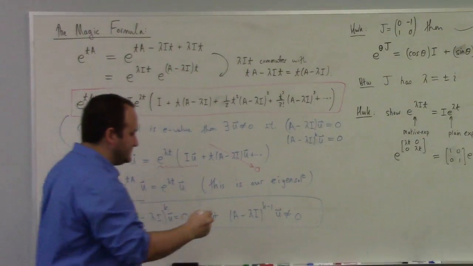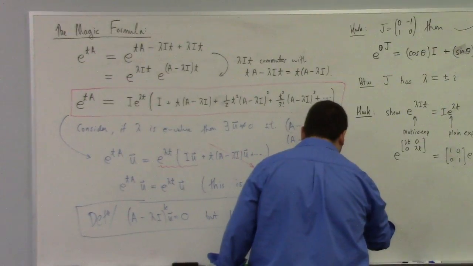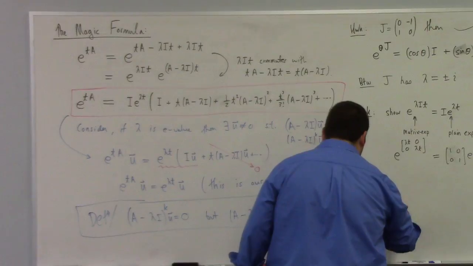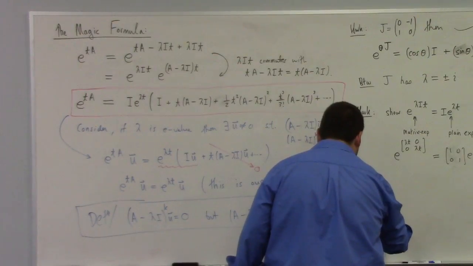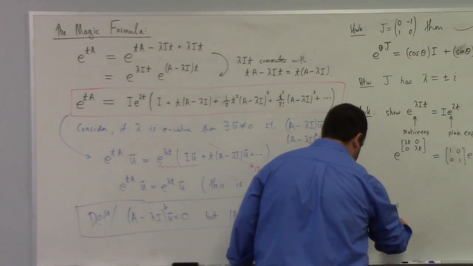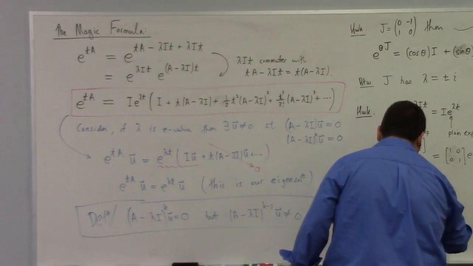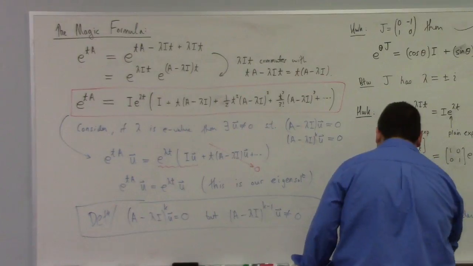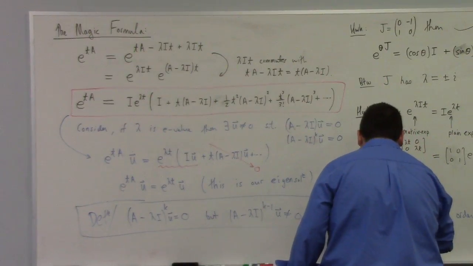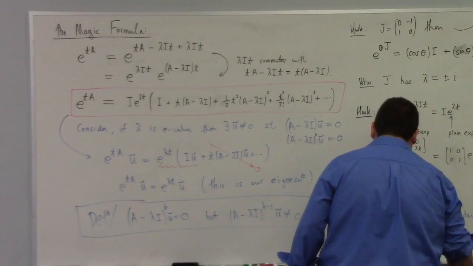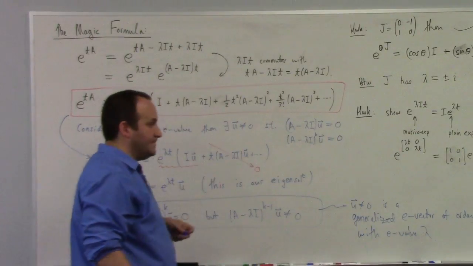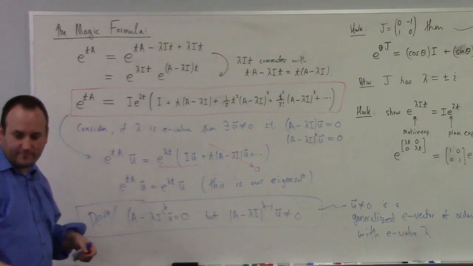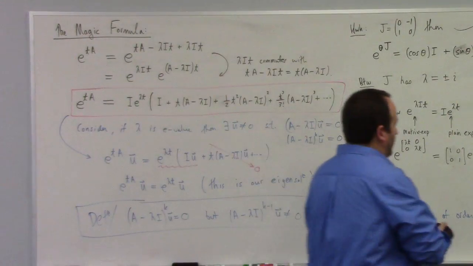This makes u not equal to 0, and this is called a generalized eigenvector of order k with eigenvalue lambda. So let me give you an example.